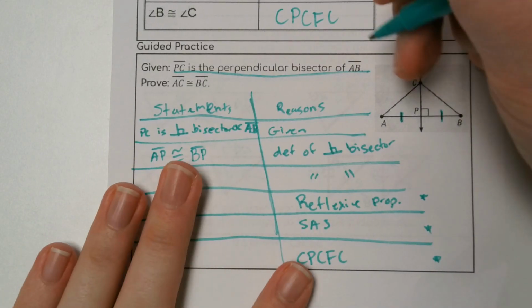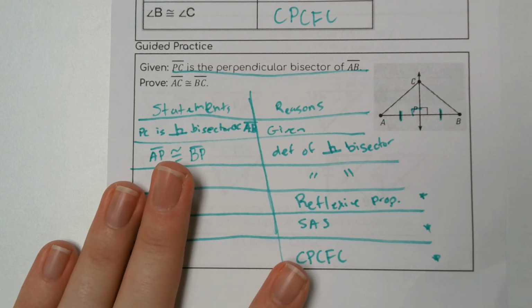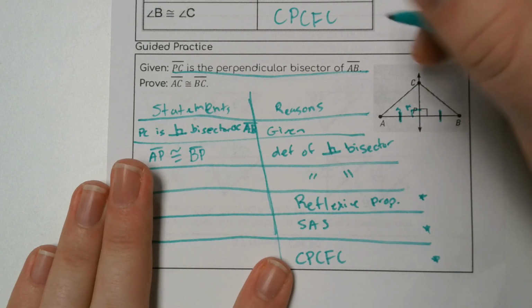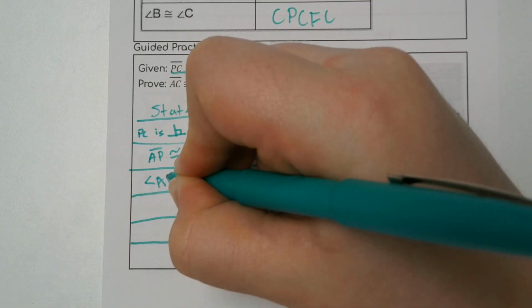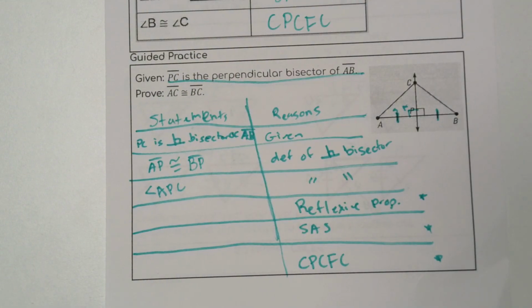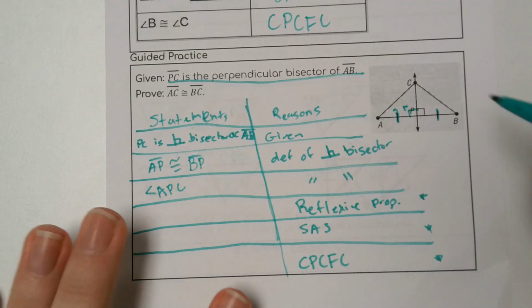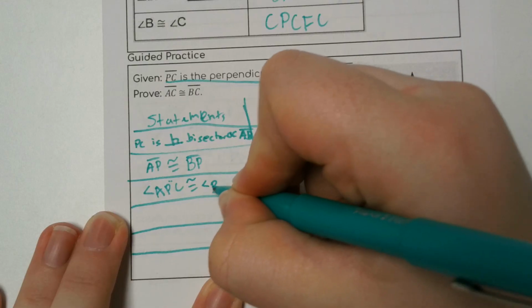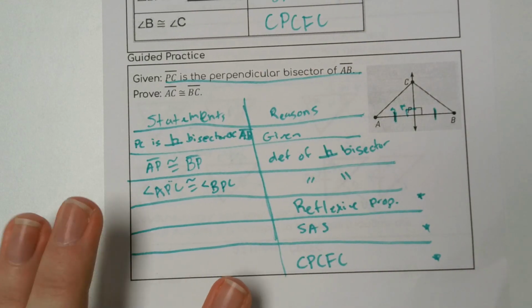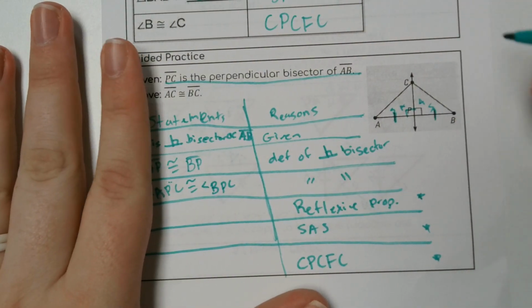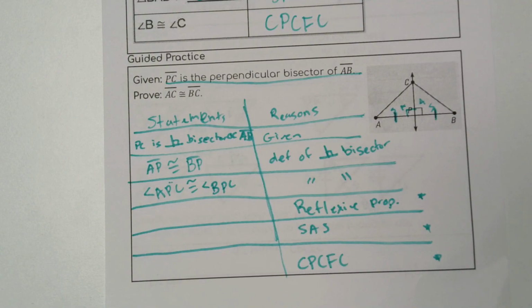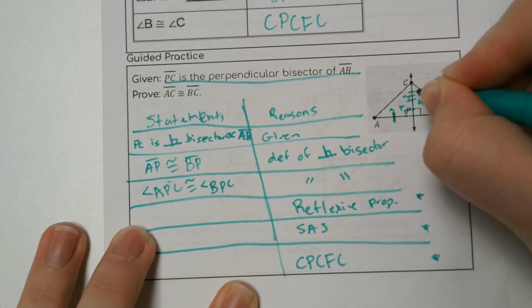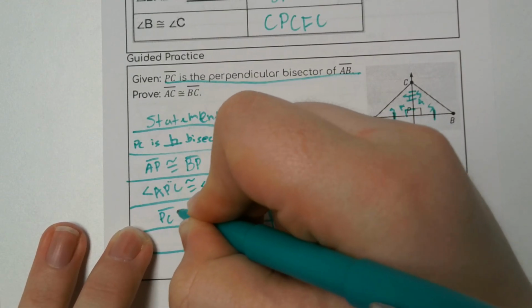And then we can say the same thing about these two angles because they're both right angles, right? So angle APC is congruent to angle BPC. Okay, you could have done those two in either order. Okay, and then this last one, the reflexive property hopefully you got was PC is congruent to PC.